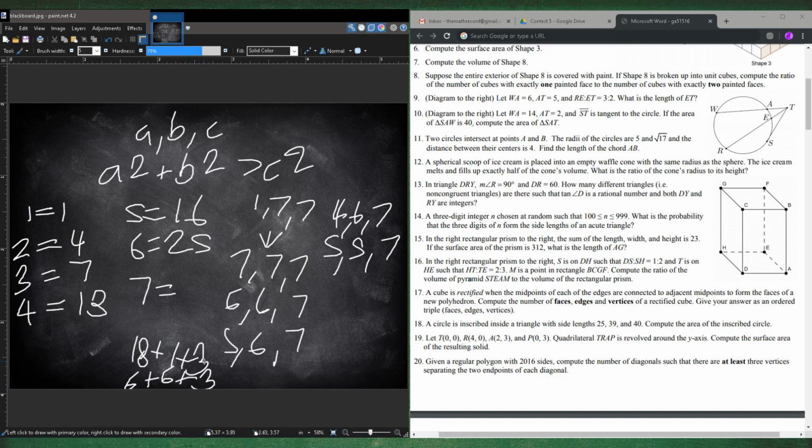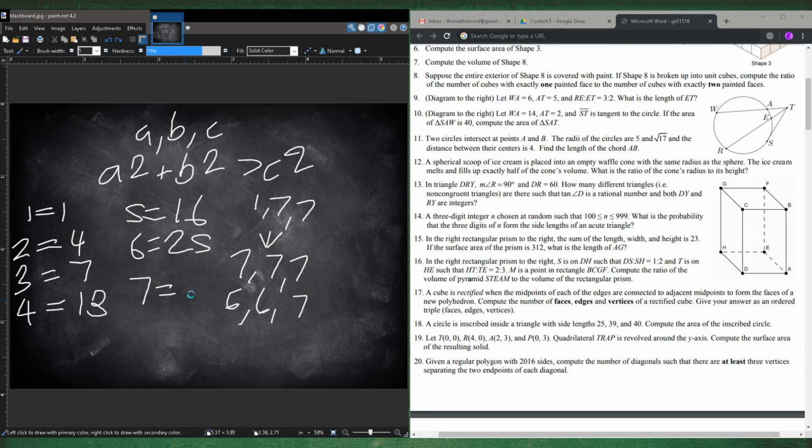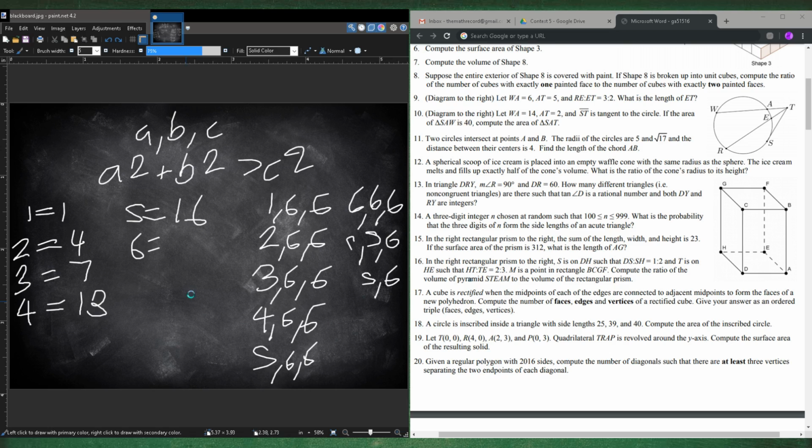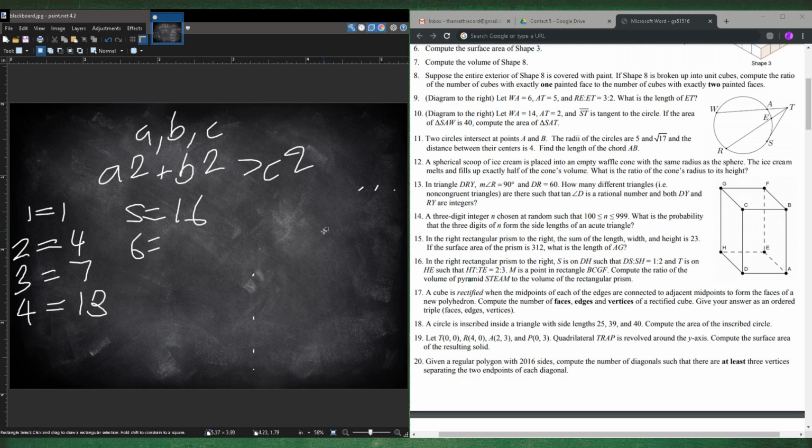So that's 6 plus 6 plus another 6, so that's 18. So that's 36, and that's 37. So 7 is 37. Oops. Delete this. Seven is equal to 37.